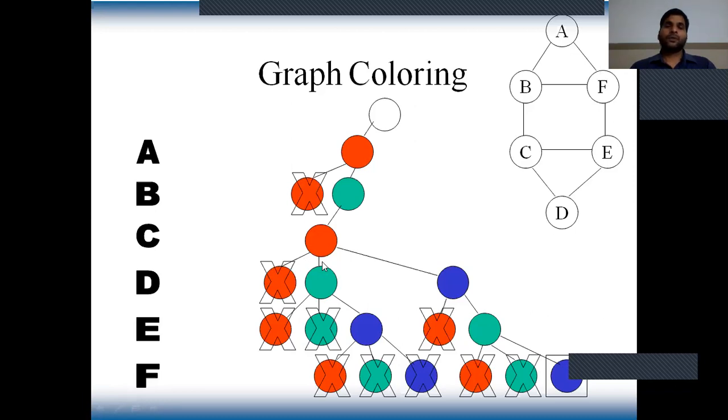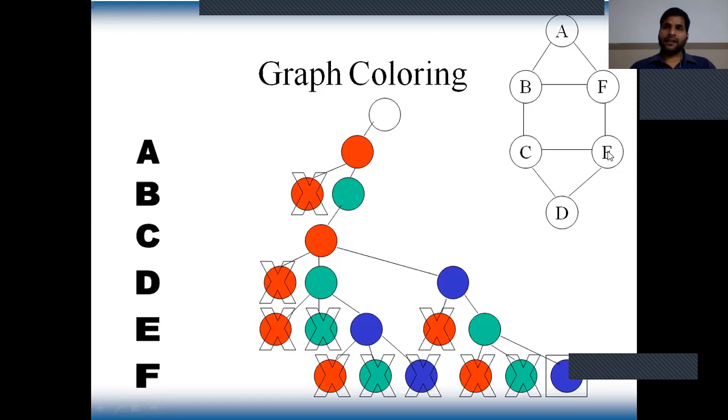Now we backtrack to the C node. Then we apply a different color to the C node. Then we color D node blue. Then for node E we cannot apply orange and blue, but can apply green.